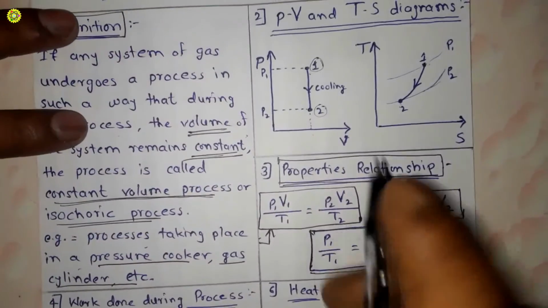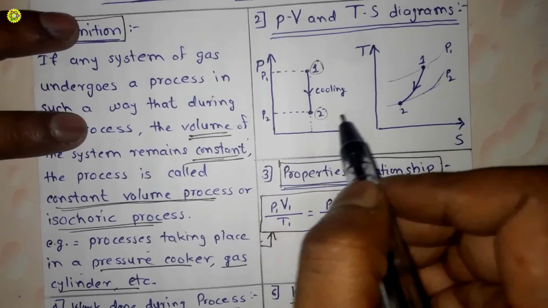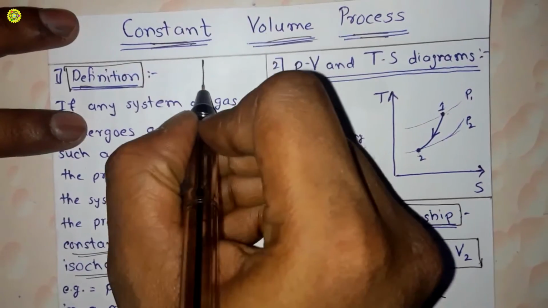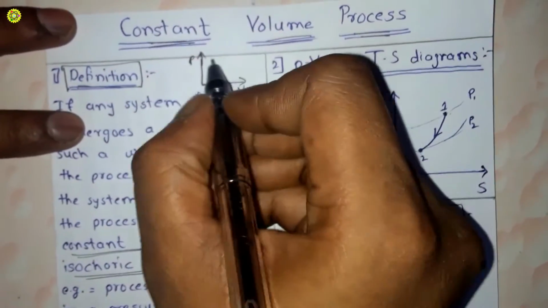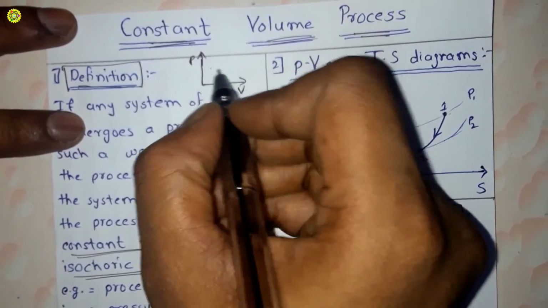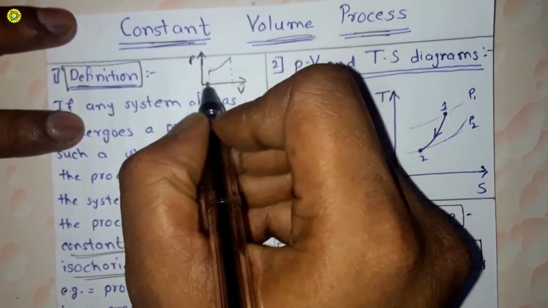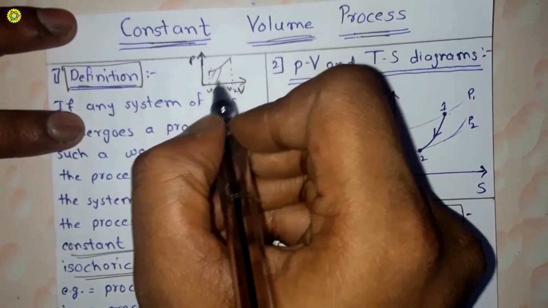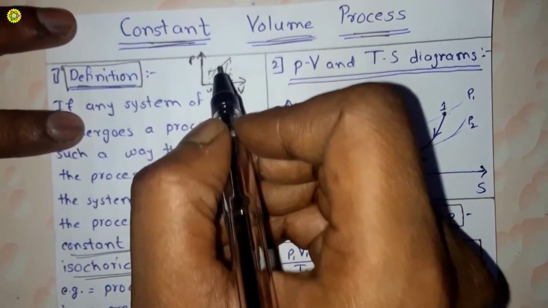Here you can see this is a straight line, so there is no area under this curve. Suppose this is a PV diagram and the process is like this. Then there is a volume V1 and volume V2, so there is an area under the curve and this area is called work done.